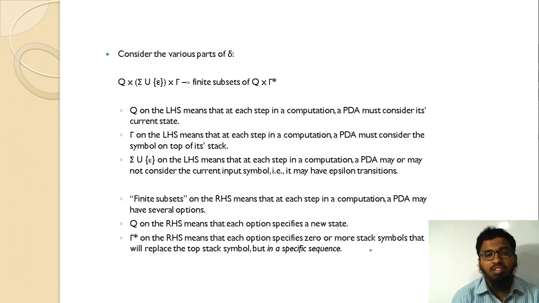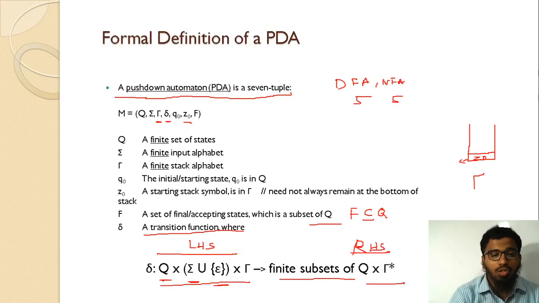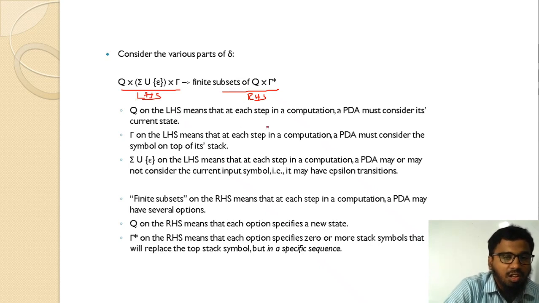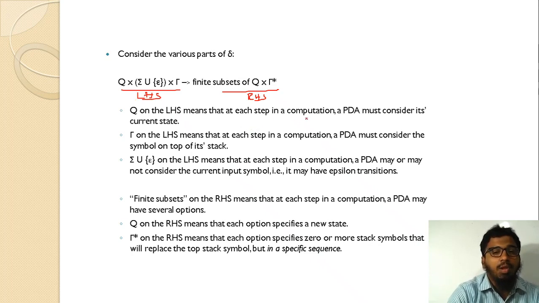Now we will go to the next slide. Here, as I told you, this is LHS and this is right hand side. So we will elaborate on this. Q on the LHS means that at each step in a computation, a PDA must consider its current state.